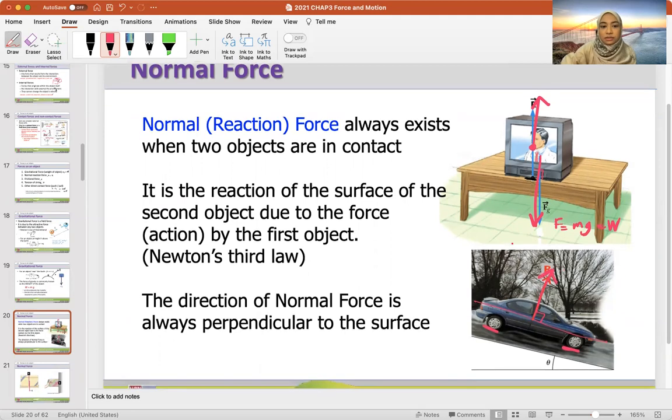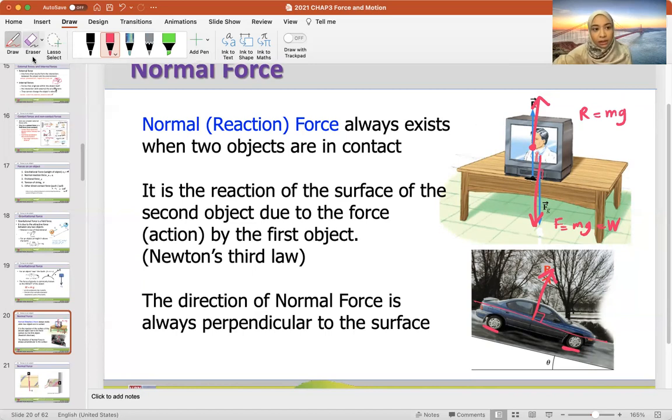Okay, so how does this relate back to Newton's third law? Looking here, our weight is downward. So if this object is not moving, then R should be equal to mg. Newton's third law says that if there is a force exerted downward, there is one upward too. So this is actually related to Newton's third law.